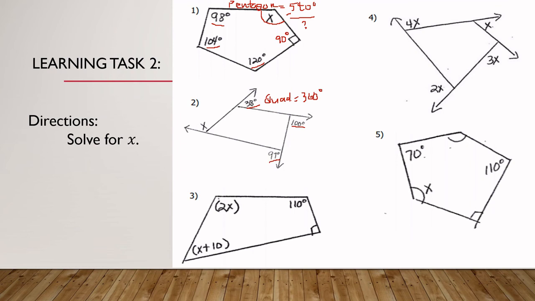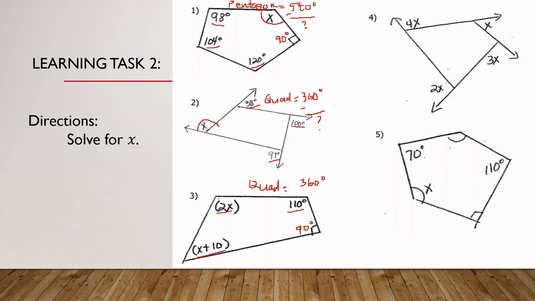Ang total nun, ima-minus sa 360 and that will be the value of x. Okay? Next, number 3. Again, this is a quadrilateral. And the sum of the interior angles of a quadrilateral is 360 degrees. Okay, you just add 2x plus 10 plus 110 plus 90 degrees.